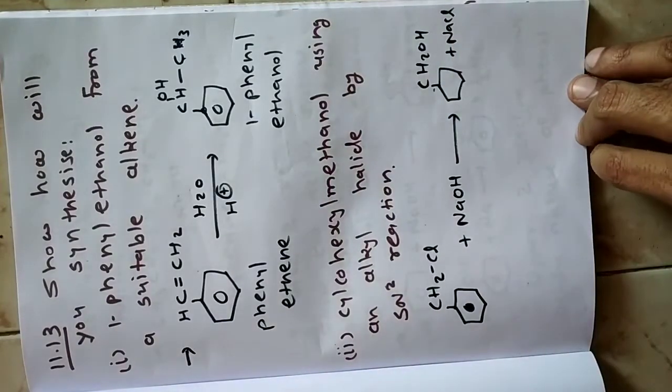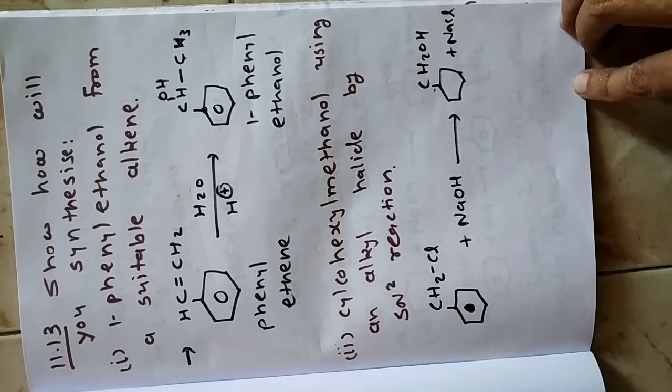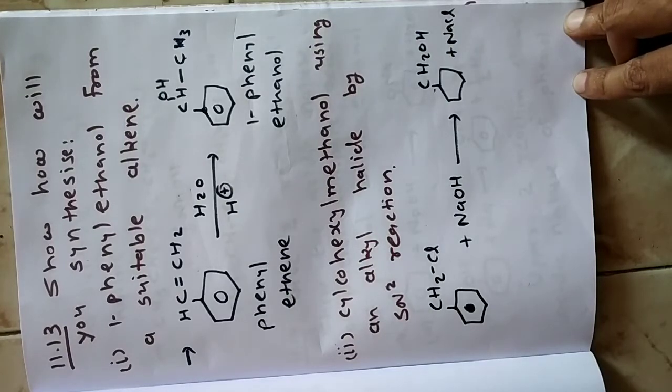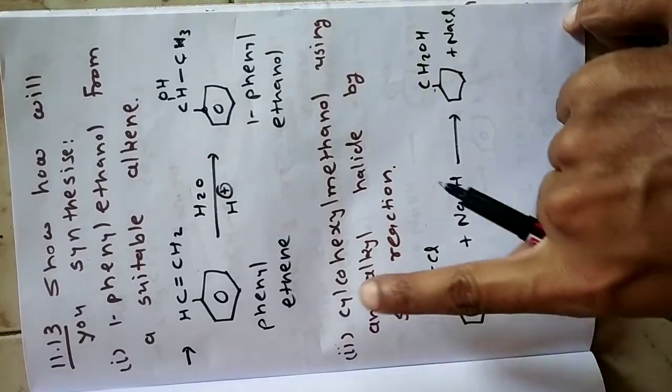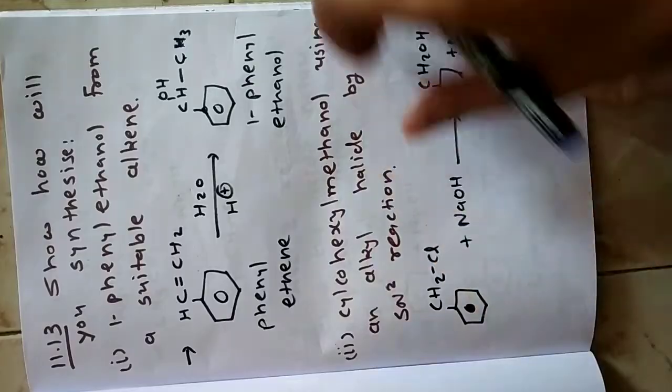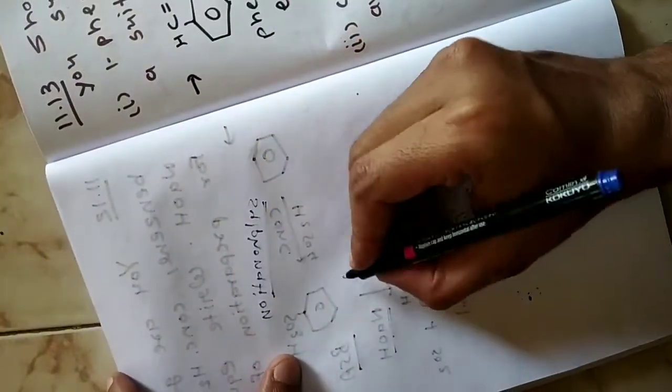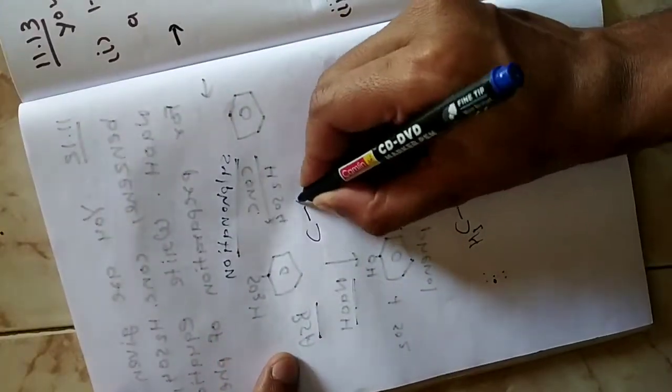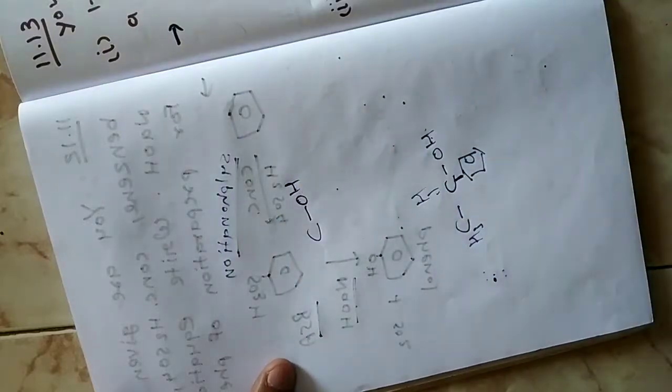Now look at the second question. Prepare cyclohexyl methanol using an alkyl halide by SN2 reaction. So we have to prepare cyclohexyl methanol. Methanol is there, so you can say carbon and OH, that is our methanol.